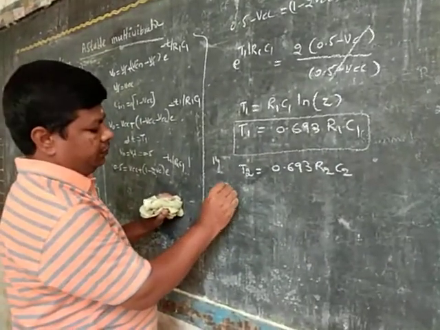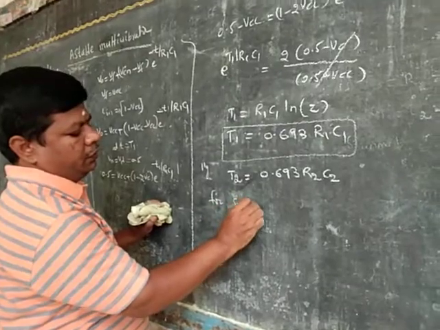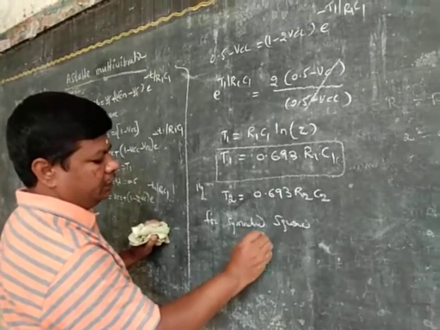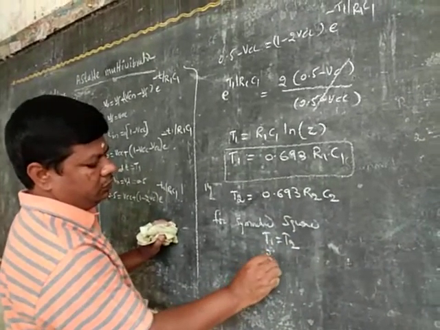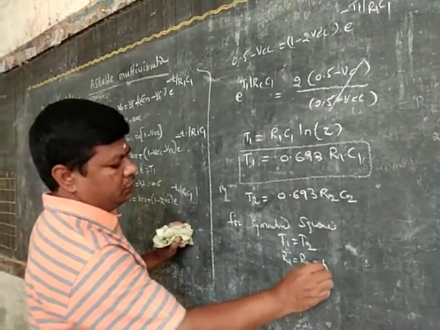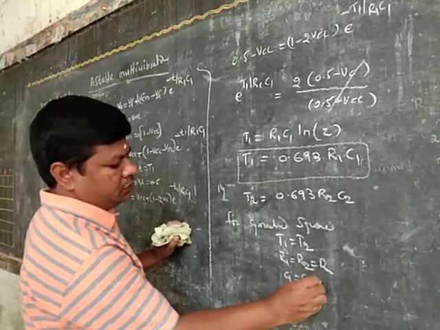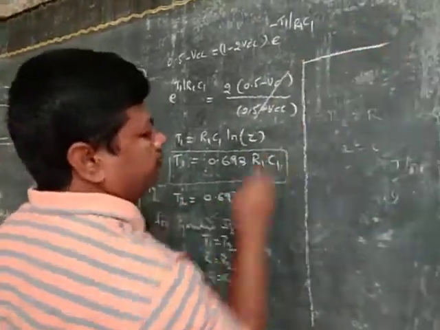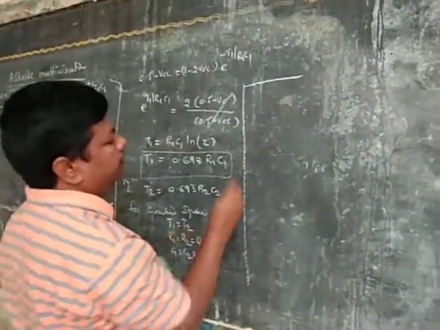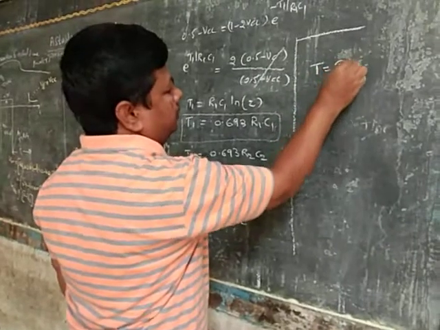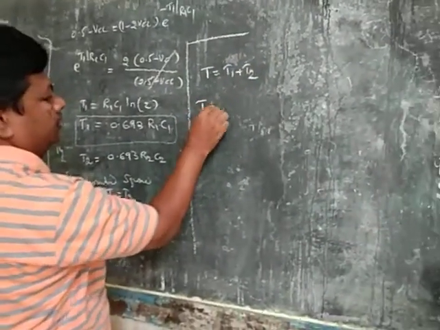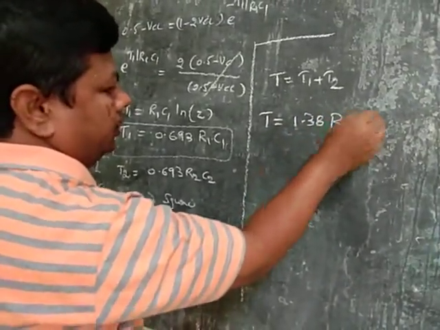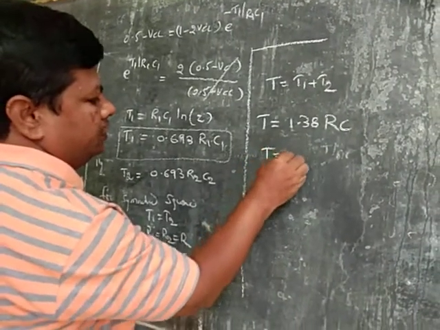For a symmetrical square wave, T1 is equal to T2, R1 is equal to R2 is equal to R, C1 is equal to C2 is equal to C. Then the total time period is equal to T1 plus T2, that is equal to 1.38 R C, where T is the time period.